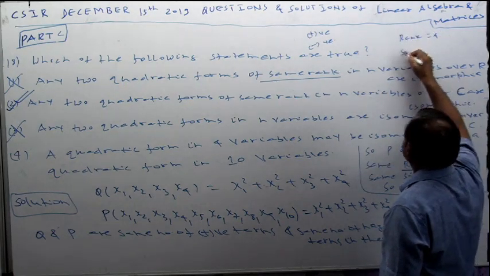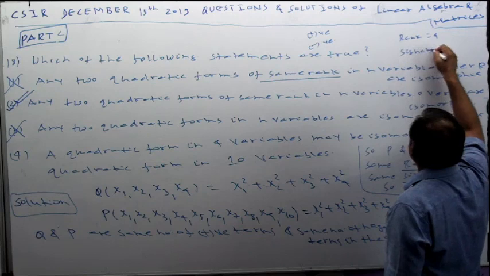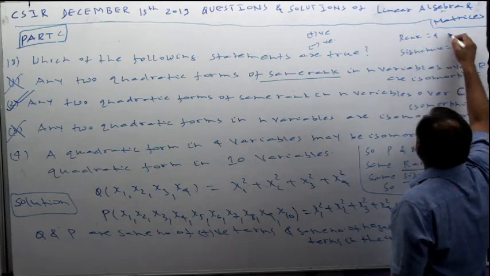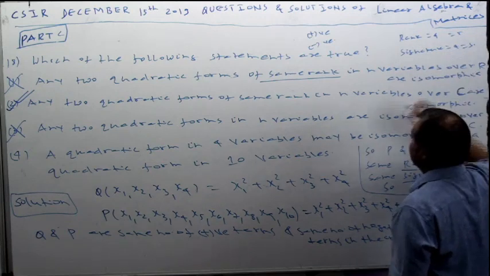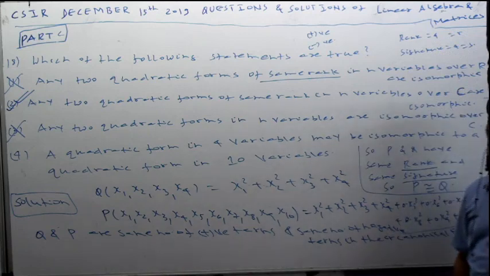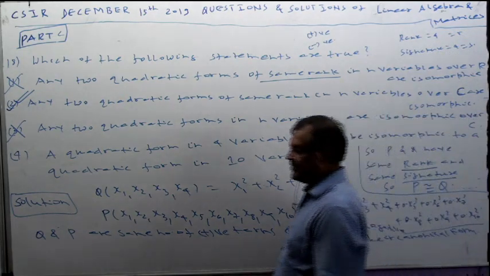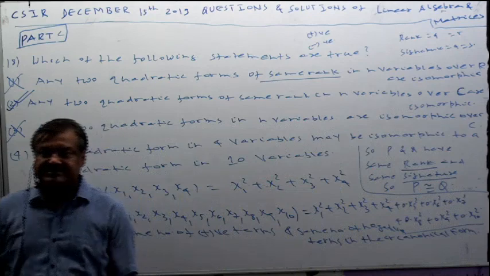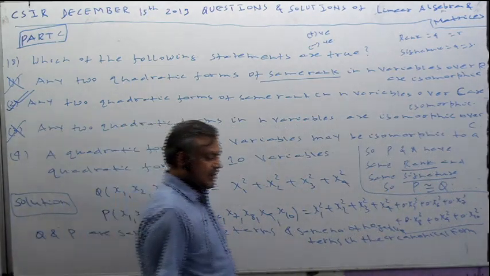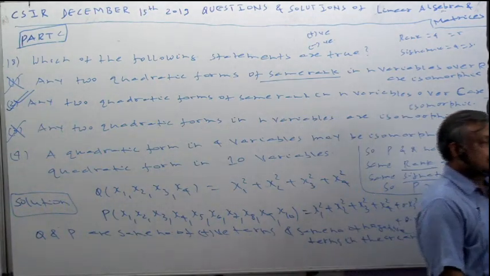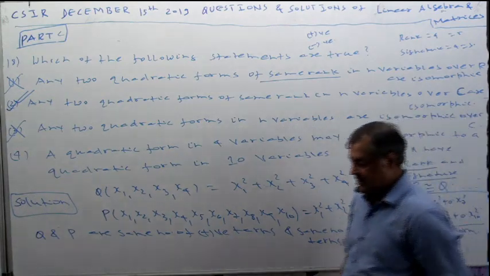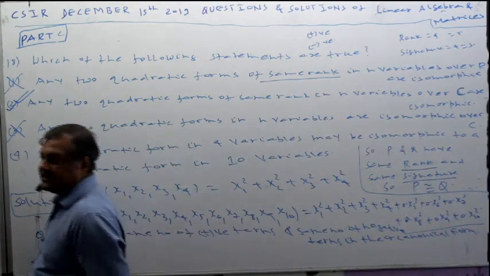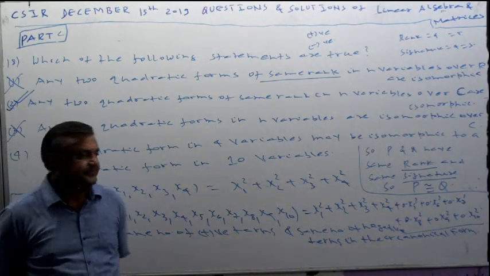I can also give you that they have rank 4. They have signature 4. This is a small r, this is a small s. And you know Sylvester law of inertia, which says that two real quadratic forms will be equivalent over R if they have same rank and same signature.